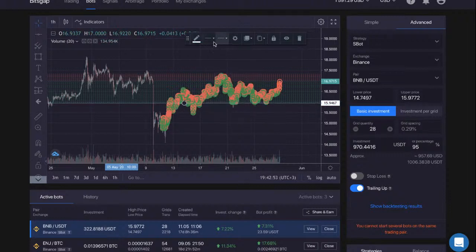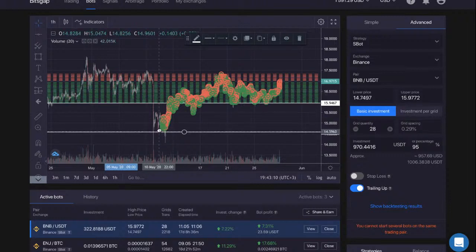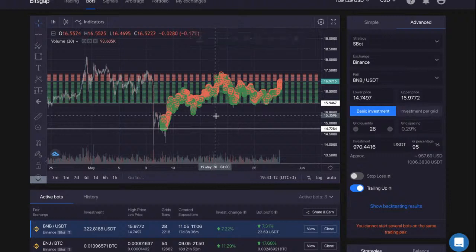Let's use the white one and highlight it. All right, and the low price of my trading range was 14.74 right here. So that was my trading range.